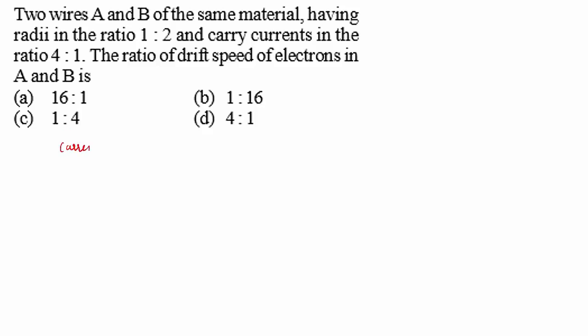Current flowing through the conductor, that is I equal to N E Vd into A, the cross sectional area of the conductor. This equation we can utilize.